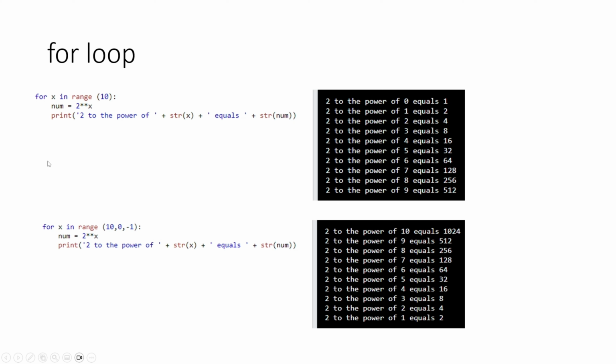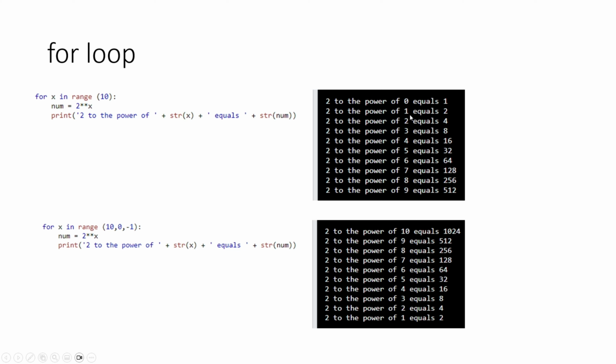So here's a for loop that we've done. For x in range 10, so this loop is going to execute from 0 to 9. And then I'll create another variable called num, and that's going to be equal to 2 raised to the power of x. So the first time this loop executes, x will be equal to 0.